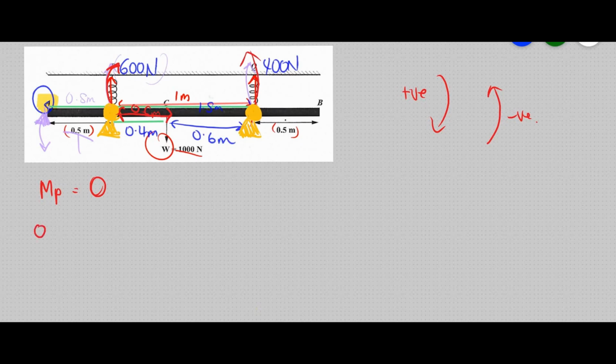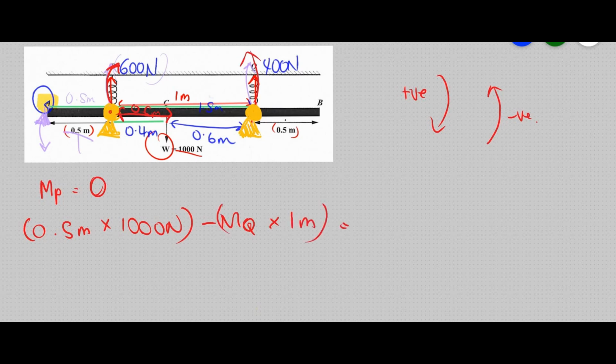So this would be 0.5 meters times 1000 newtons acting downwards, right? And we want to subtract the moment provided by the spring Q multiplied by its distance away from the pivot we're using right now, which is P, which would be 1 meter.